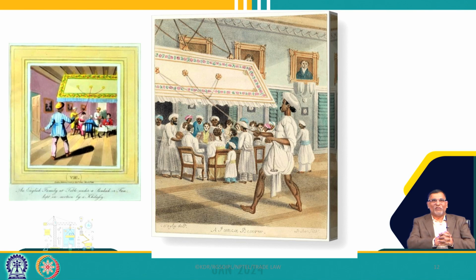This was the old fan, and some people were manually pulling this equipment, so that there would be sufficient comfort given to the guest. The guest would feel comfortable by human beings pulling it manually.